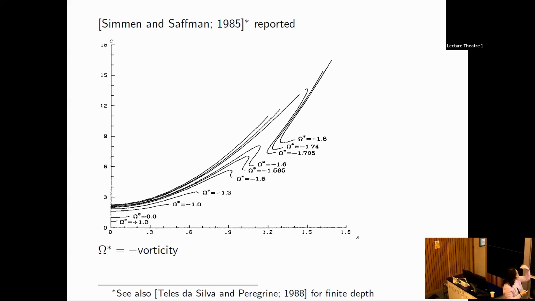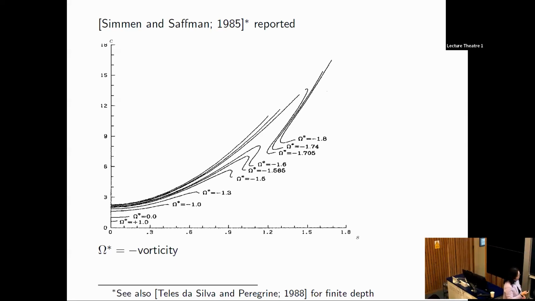But for the opposite sign of vorticity, the upstream case, there are some important differences. For large positive vorticity, the stiffness increases, decreases, and increases again. A corollary of this is that this extreme wave is no longer a wave of greatest height.